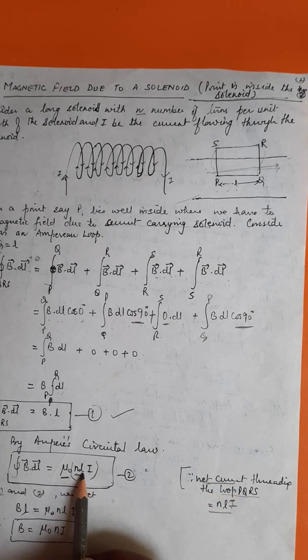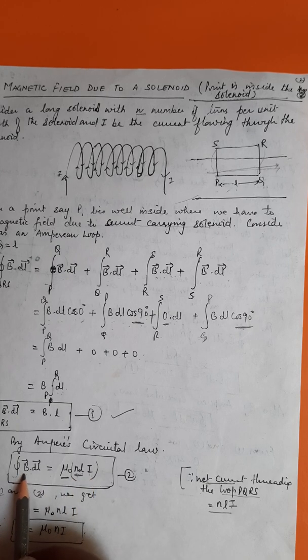Here n is the number of turns per unit length, and the length of the loop is L, so the total turns of the solenoid in this length is nL. The current through each turn is I, so the total current threading the loop PQRS is nLI.